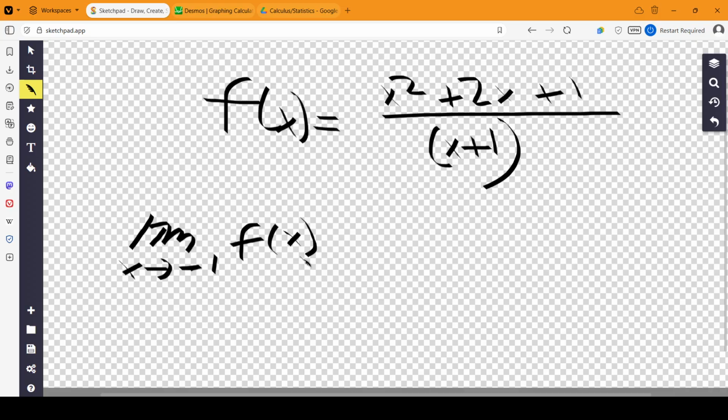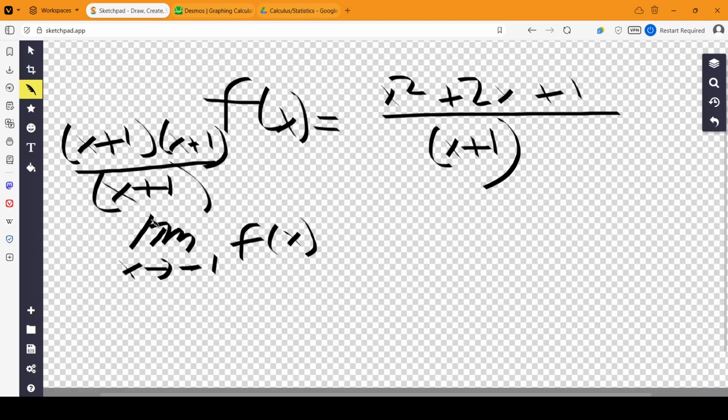But there's an even easier way when it comes to simple polynomials divided, or just simple rational functions, and that's algebraic manipulation. And we see here that we can factor this top function, and that's simply equal to x plus 1 times x plus 1 over x plus 1.